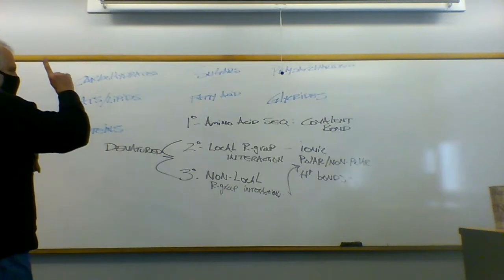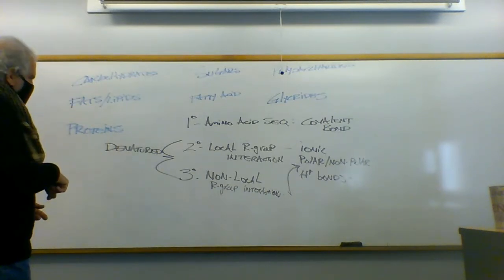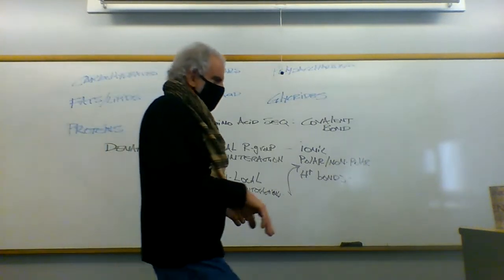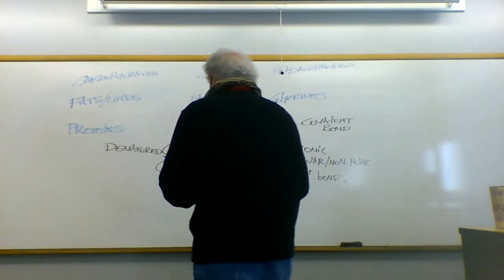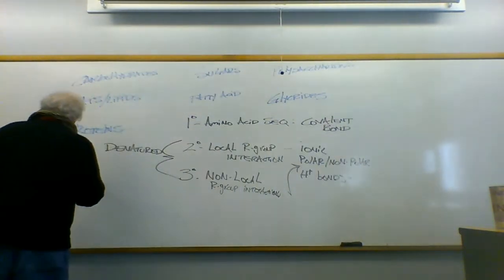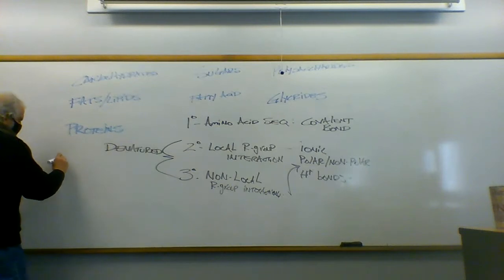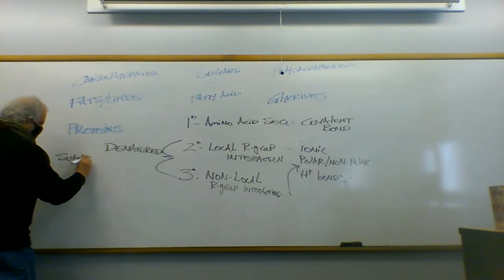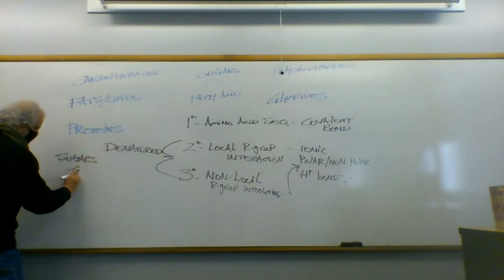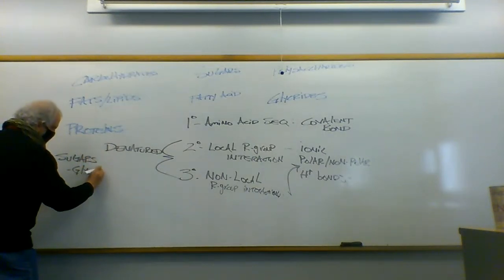All right, so we can go on and on. One of the things we can do with proteins is we can add sugar molecules to produce what we know as a glycoprotein.